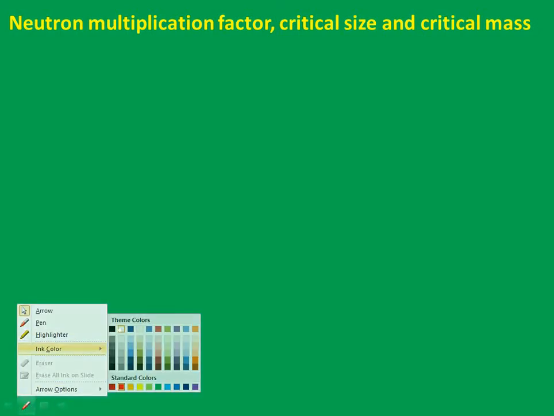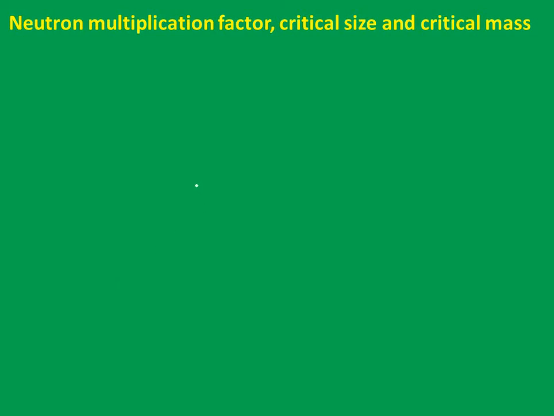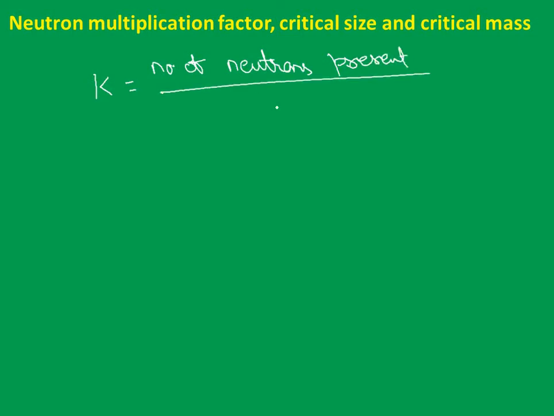Okay, let's start with this neutron multiplication factor. We represent it with K. K is nothing but the number of neutrons present at the beginning of one generation divided by the number of neutrons present in the previous generation.